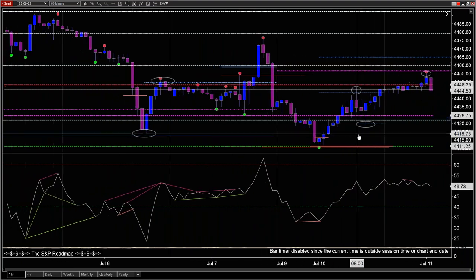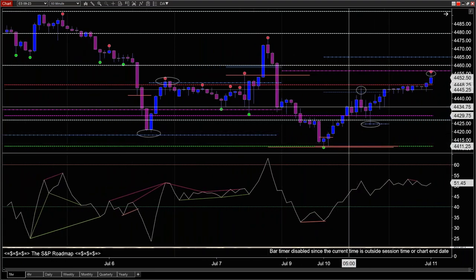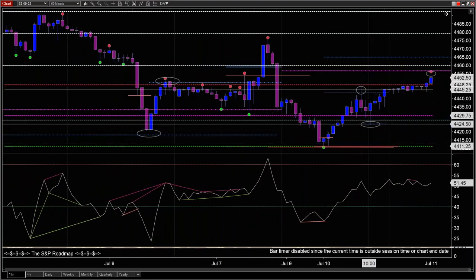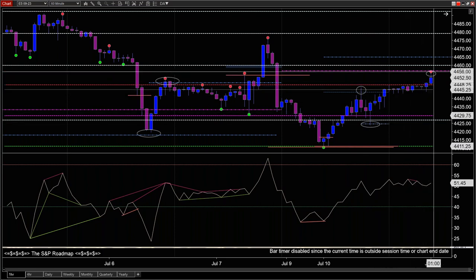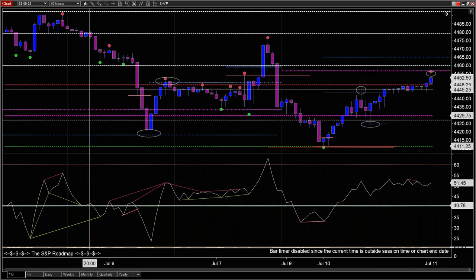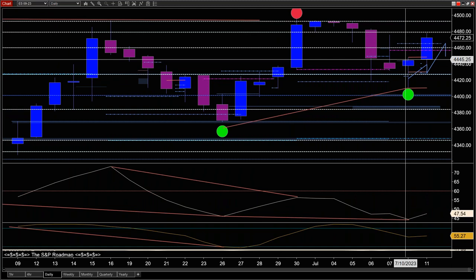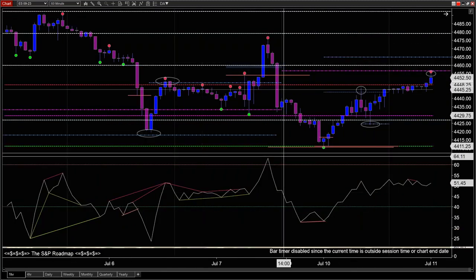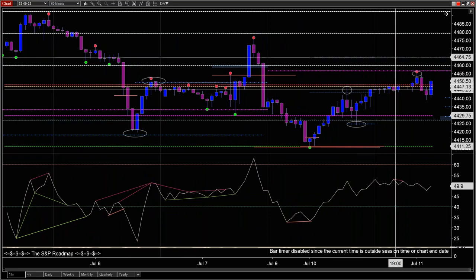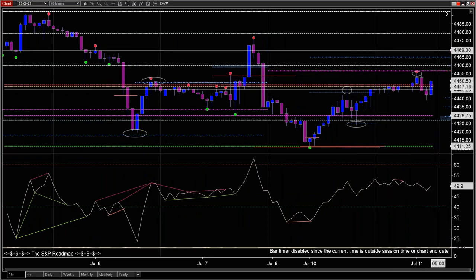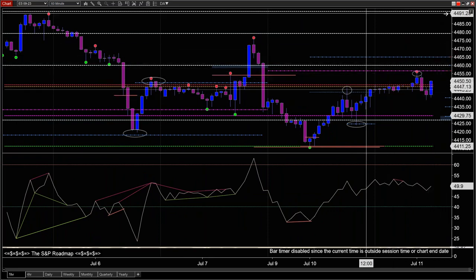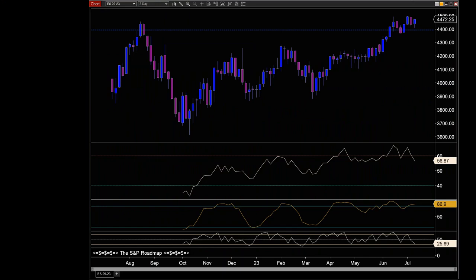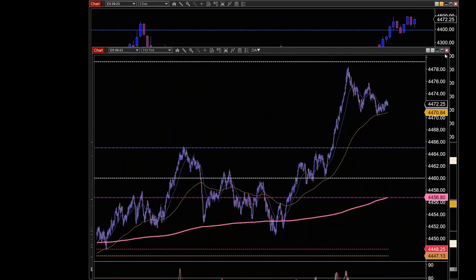And coming into the open, we had pushed from that signal, pulled back, held 61.8 of that leg, pushed to a new high. We broke out through the high of the signal candle, the day before's candle. And so coming into this morning, we had a clue that it would make sense for the bulls to continue to push higher.